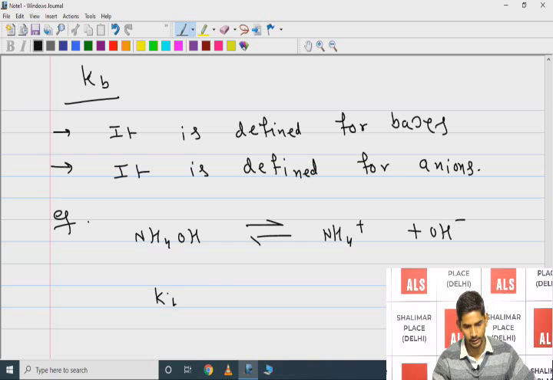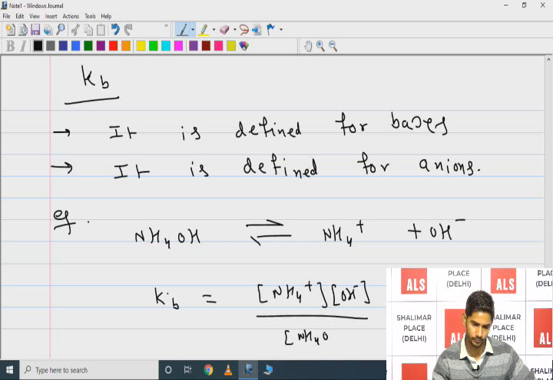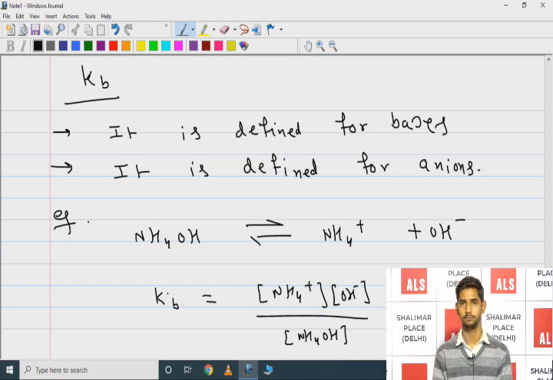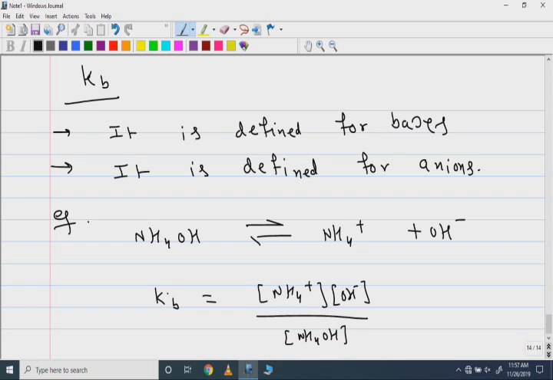So if I ask you Kb, what will we simply say? This is NH4 positive OH negative upon NH4OH. Easy. Copy. See guys, I am discussing equilibrium in great detail because it will be used again, and this definitely contains a lot of questions in the examination.